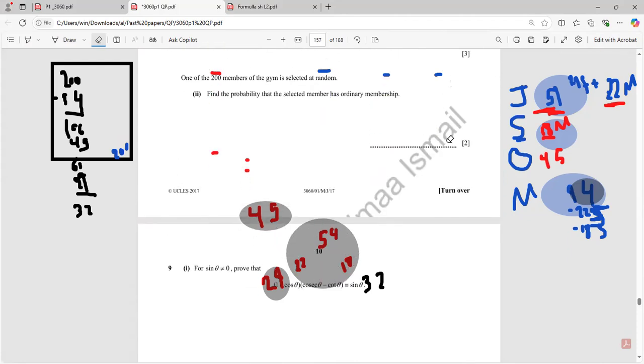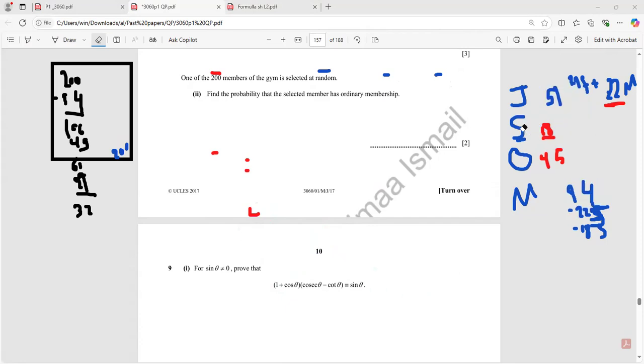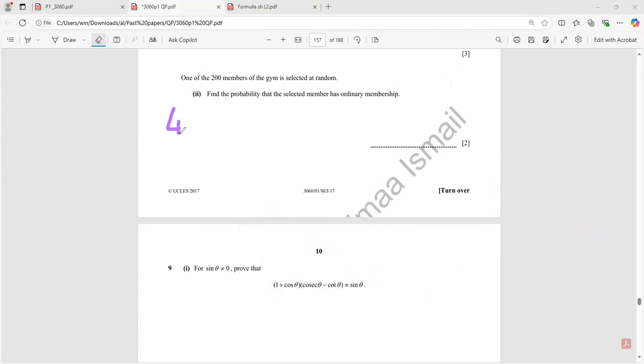The last part here is to find the probability. So the probability would be equal to 45 from the females plus the 54 from the males, which equals 99 out of the total.